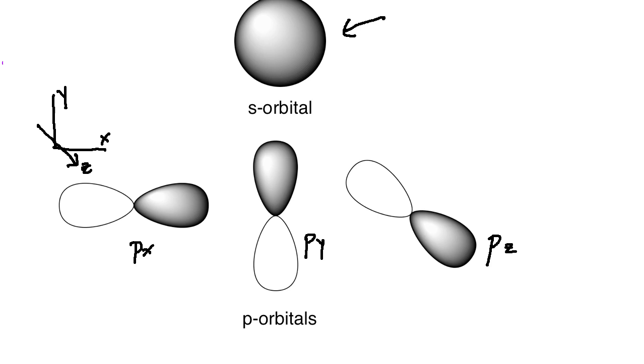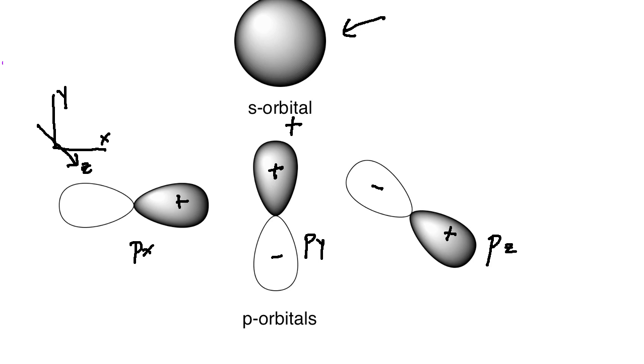So if I take a look at this, it's the merging of an s and a p orbital that's going to give me the hybrid orbital. So what happens is, if you take a look at the gray and the white portions, we have positive and negative lobes or portions associated with each of these given orbitals.